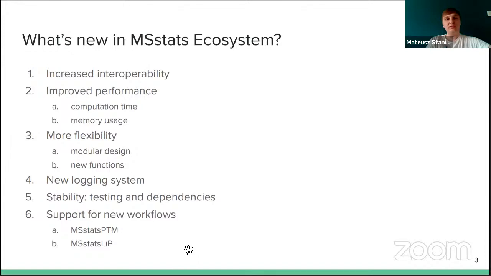We definitely wanted to improve the performance as the data gets larger in terms of larger files, more proteins quantified, and more samples. We needed to make some changes to make sure that MSstats runs as efficiently as possible.